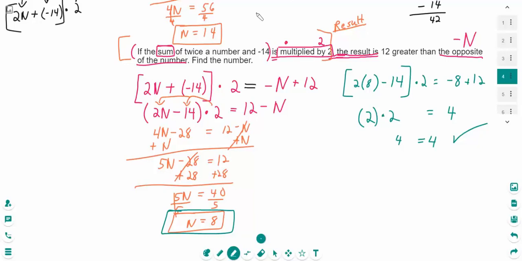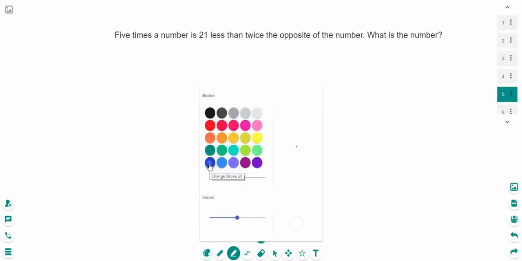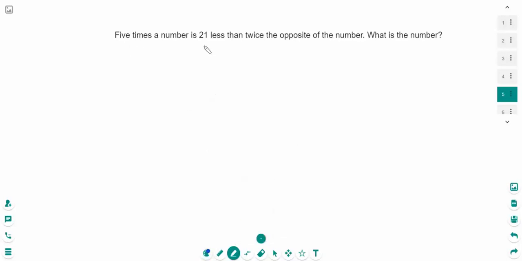All right. Very good. All right, last one here, and then we'll call it a class. So why don't you try this one on your own, and then we'll do it together. All right, so 5 times a number is 21 less than twice the opposite of the number.